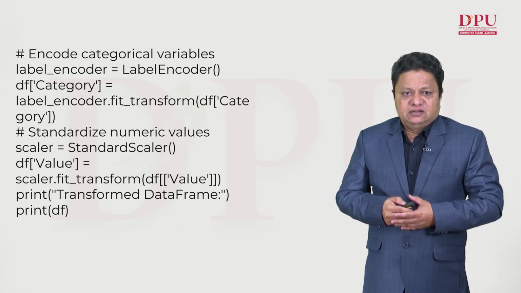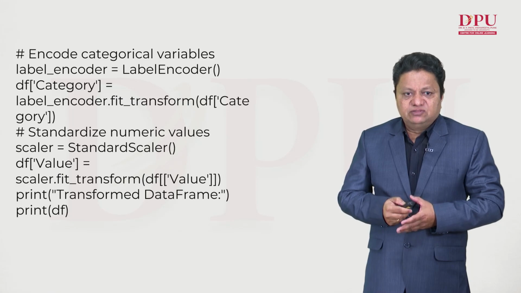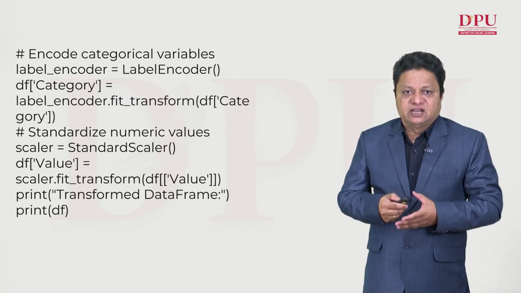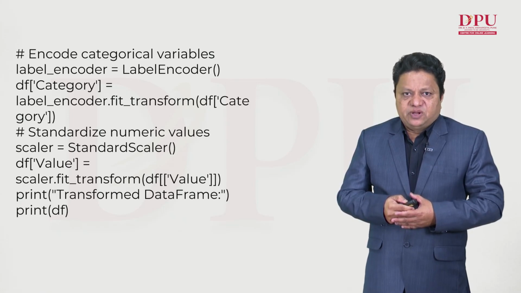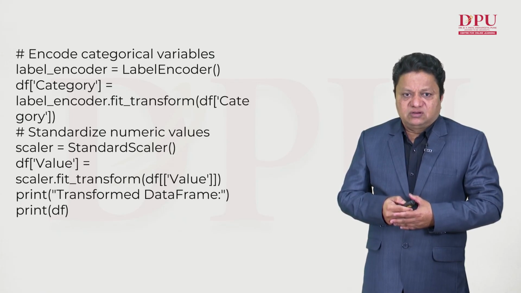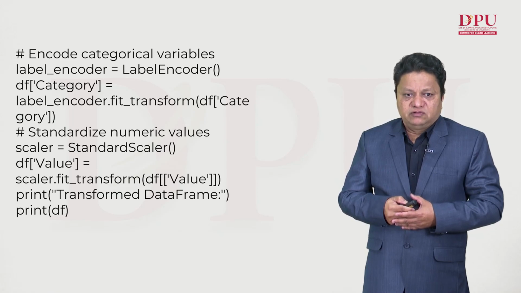Now let us see how I can encode the categorical variables by using the functions of sklearn. For example, label_encoder is equal to LabelEncoder(), and df['category'] is equal to label_encoder.fit_transform(df['category']).